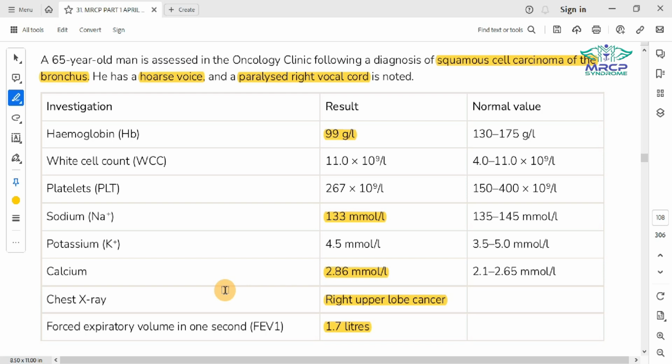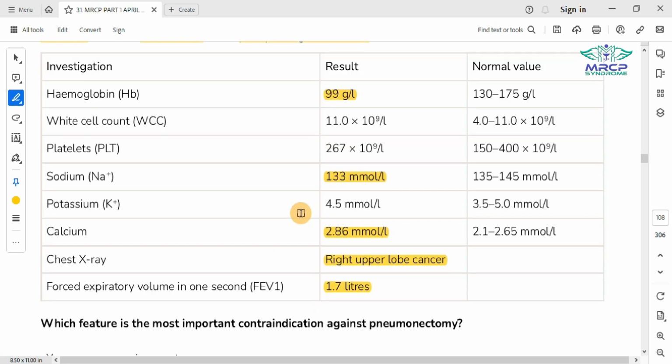He has a hoarse voice and a paralyzed right vocal cord is noted. Hemoglobin is low, WBC is high, iron normal, platelets normal, sodium low, potassium normal, calcium is high, chest X-ray shows right upper lobe cancer, and the FEV1 is 1.7 liters.